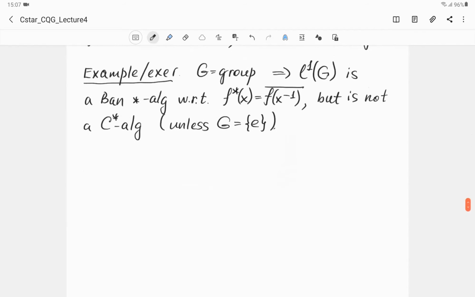So it is not a C-star algebra, but on the other hand, there is a simple way to embed l1(G) into a C-star algebra. So our next example is the so-called reduced group C-star algebra.